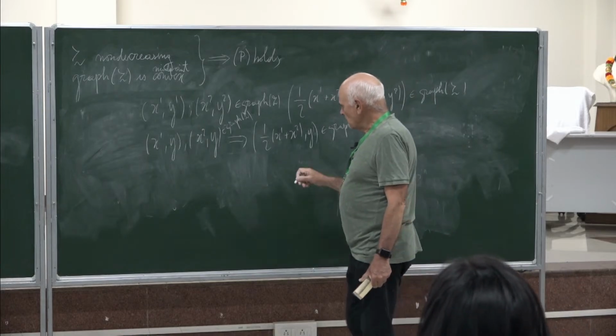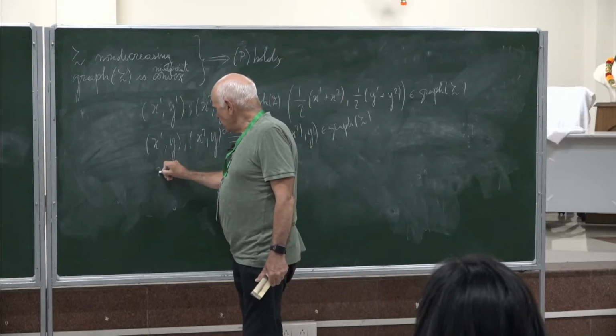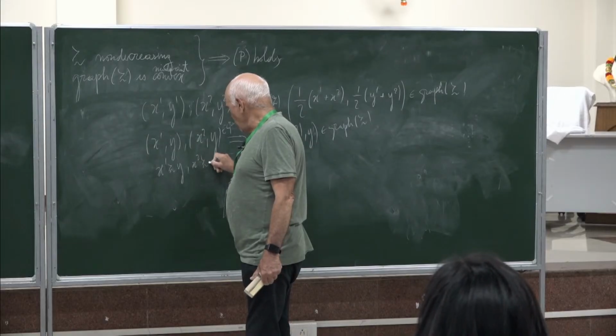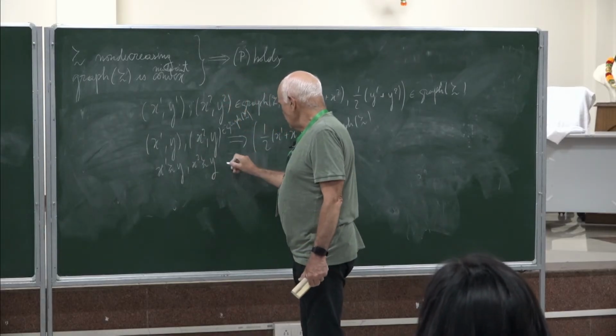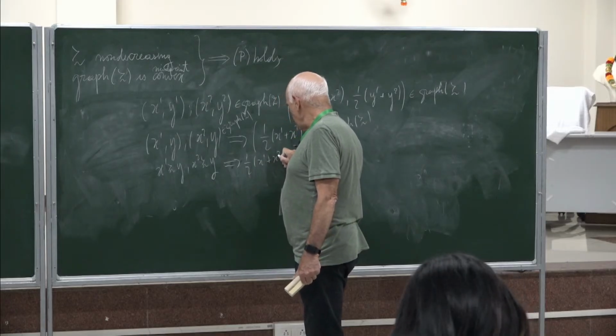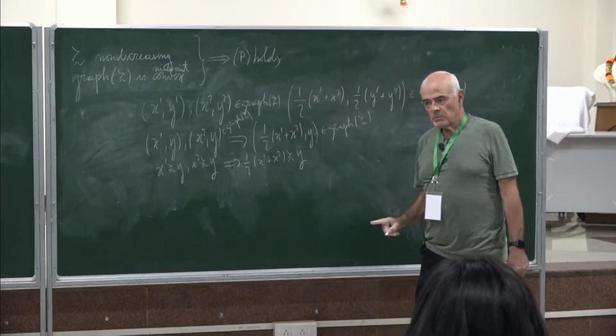Which is reasonable. We are saying that if x1 is preferred to y and x2 is preferred to y, then 1/2 (x1 plus x2) is preferred to y. And this is quite reasonable.